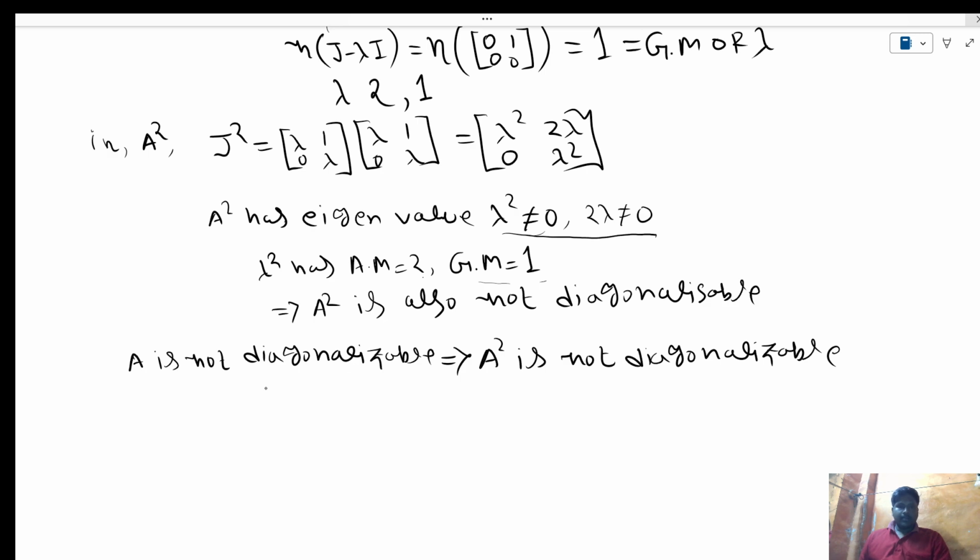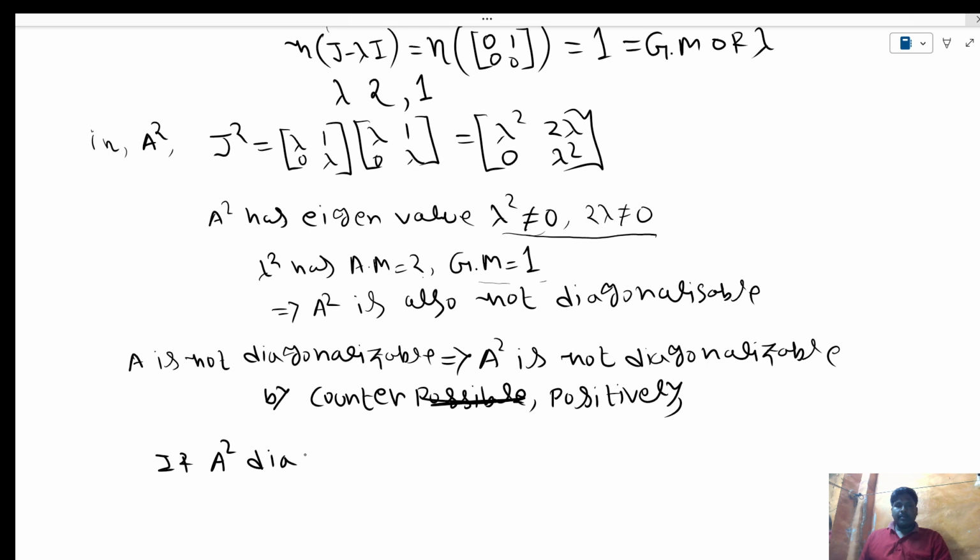So by contrapositive, this is a very useful tool in mathematics, the contrapositive. We get if A square is diagonalizable, this implies A is diagonalizable.